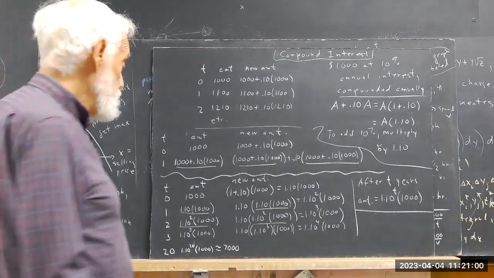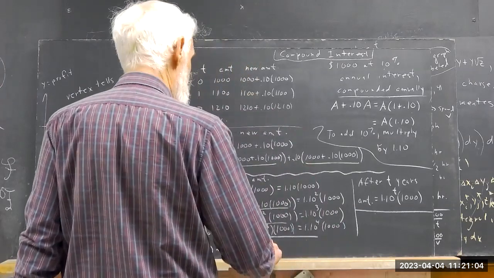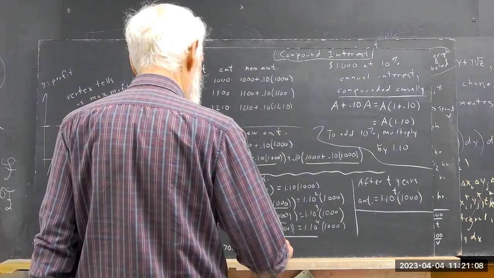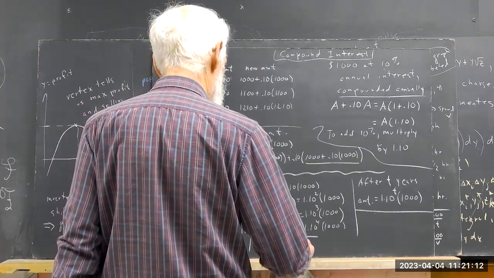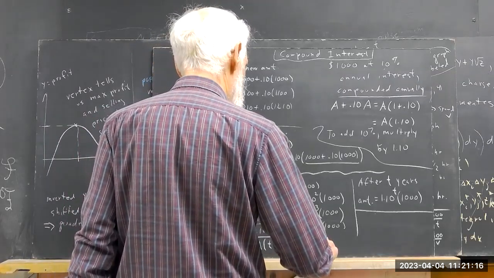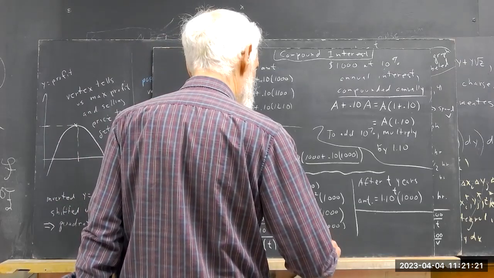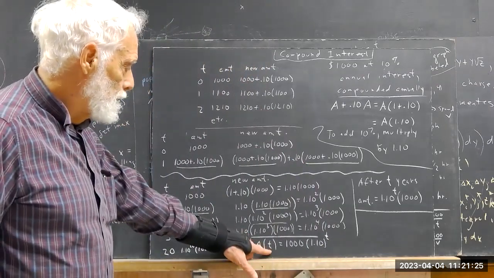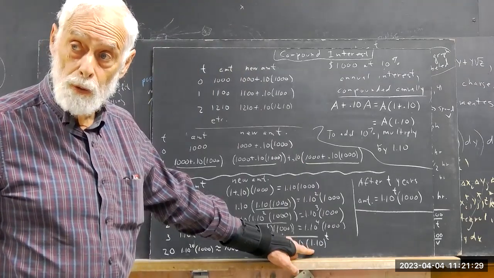Now our exponential function, our amount as a function of t, is then 1,000 multiplied by 1.10 to the t. T is the number of years. It's going to match the number of times we multiply by 1.10.